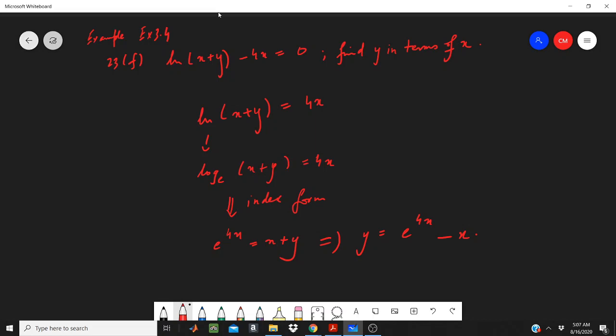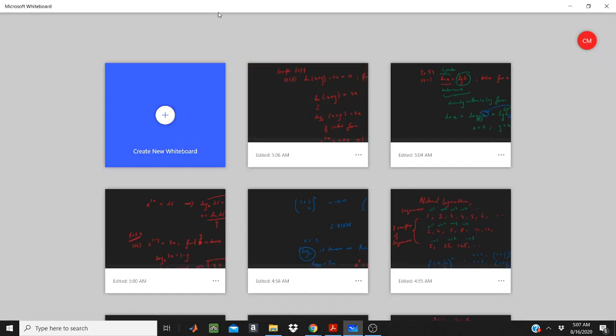Let's move on to the next section in your book, which is exercise 3.5. It's a very important exercise called laws of logarithms. I'll mention these laws here.